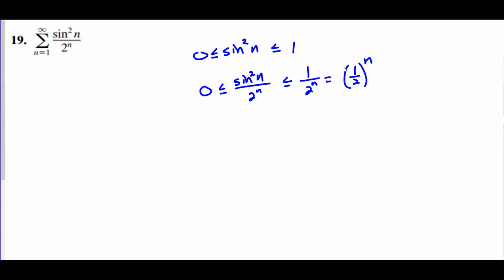So that's geometric. R is 1/2. It's between negative 1 and 1, or the absolute value of it is less than 1. So this converges. So that means, since this one is stuck between 0 and a convergent series, then this series converges.